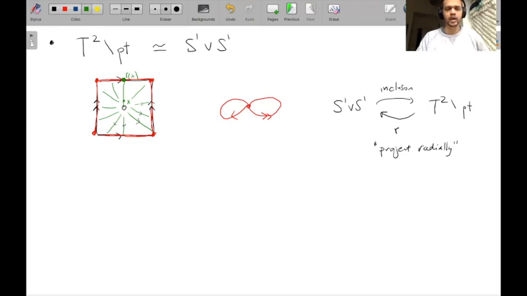Here, these lines indicate a path from any point X to R of X. If you just interpolate along that path, you get a homotopy from the identity map to the map R.